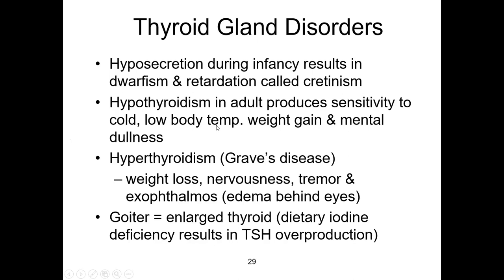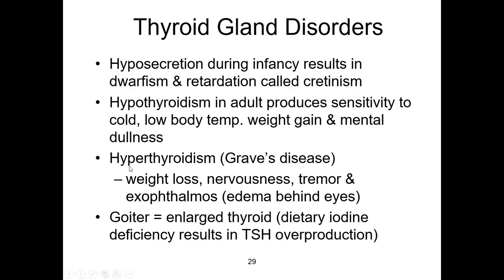Now think about this. If thyroid hormones increase heat production and increase the speed of chemical reactions, then of course when we don't have enough thyroid hormone, our core body temperature will drop and we will be sensitive to cold. Weight gain happens because the slow chemical reactions allow the accumulation of adipose tissue.